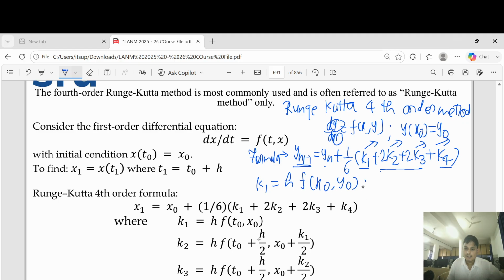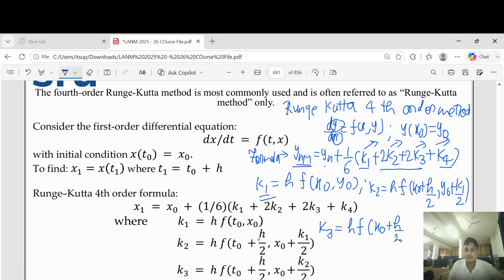Then k2 is h of f of x naught plus h by 2 comma y naught plus k1 by 2. k3 is h of f of x naught plus h by 2 comma y naught plus k2 by 2. And k4 is h of f of x naught plus h comma y naught plus k3.